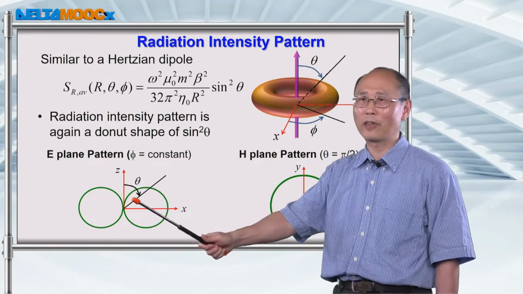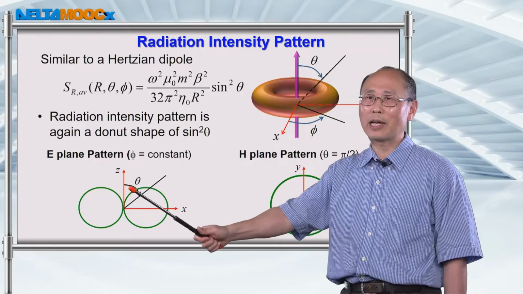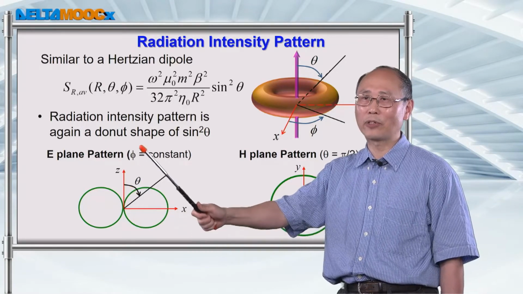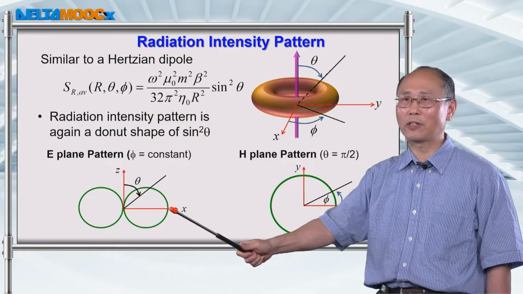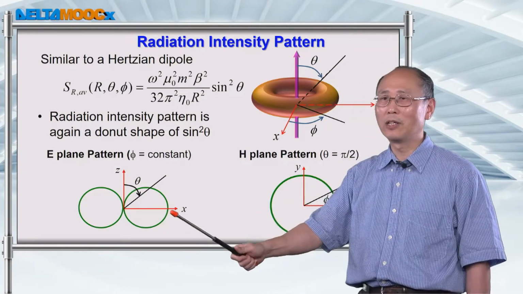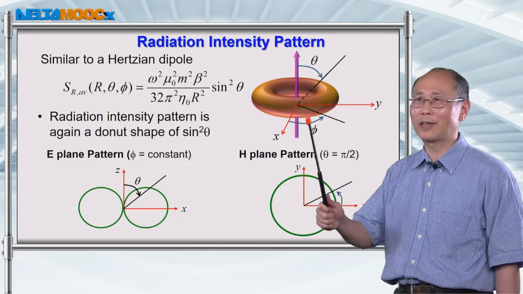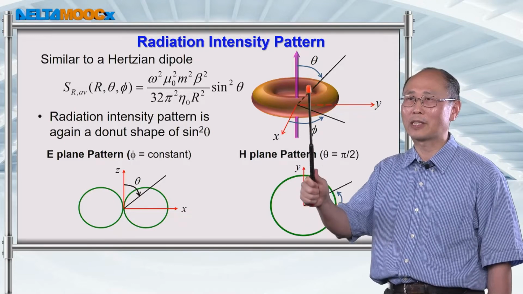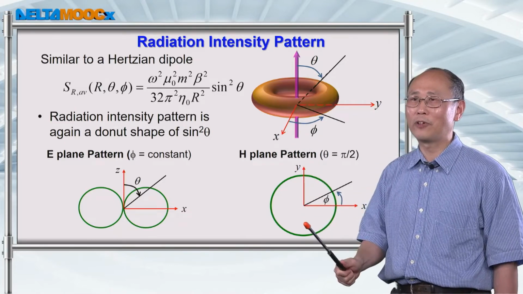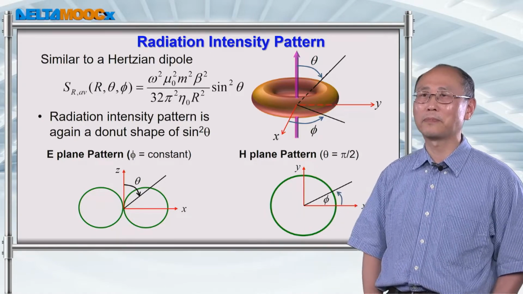And from those two patterns, you can conclude that along the dipole axis, you don't have radiation. And along the direction perpendicular to the dipole axis, you have the maximum radiation. Also, because the whole system is symmetric about this dipole axis, you have this circle in the H-plane pattern.